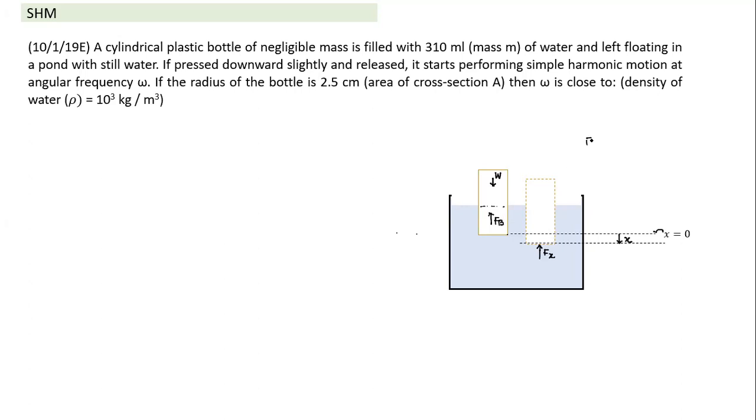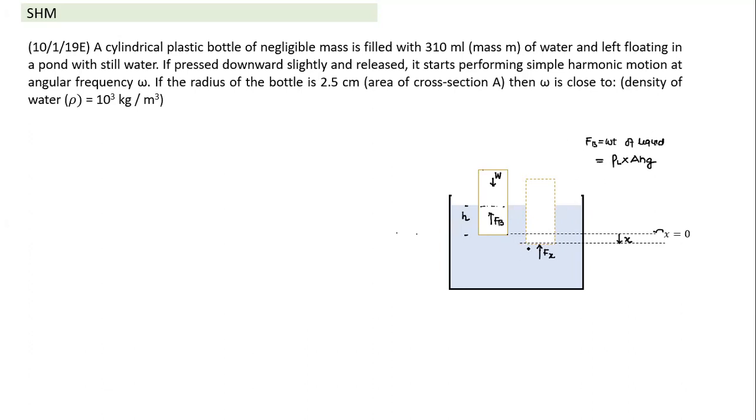The force of buoyancy is equal to the weight of the liquid displaced. If the cross-section area is A, and this is the depth of submersion h, the weight of liquid displaced is rho into volume, and volume is area of cross-section into h, into g. This is the force of buoyancy which was acting earlier.